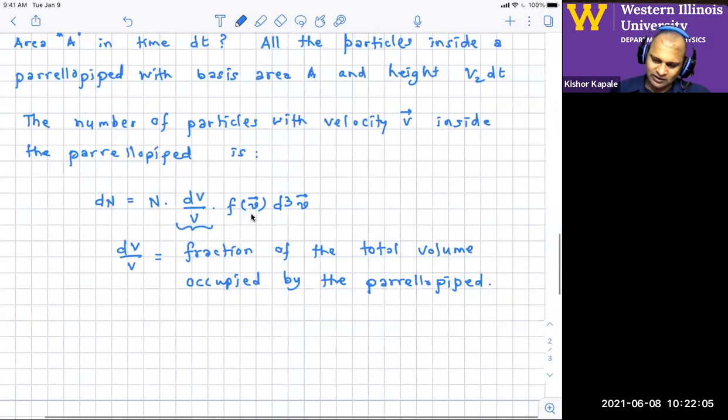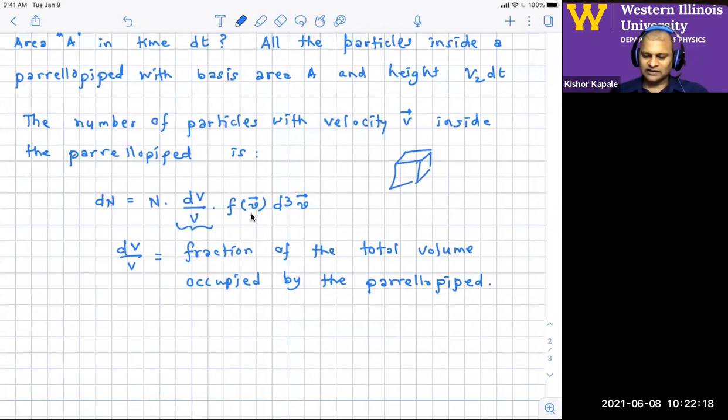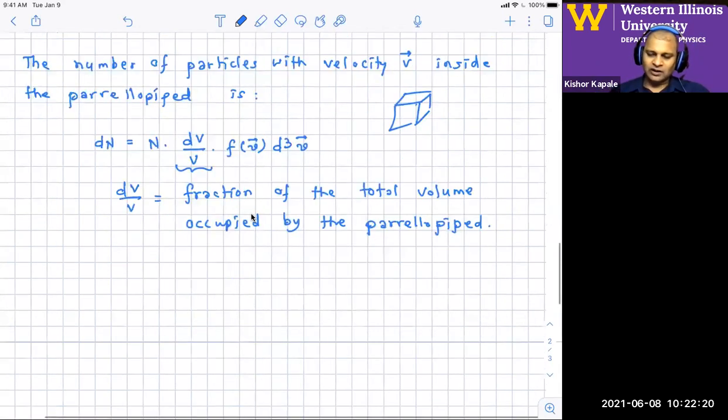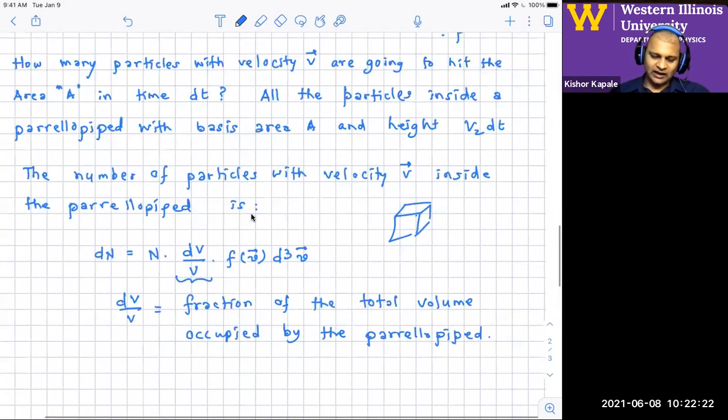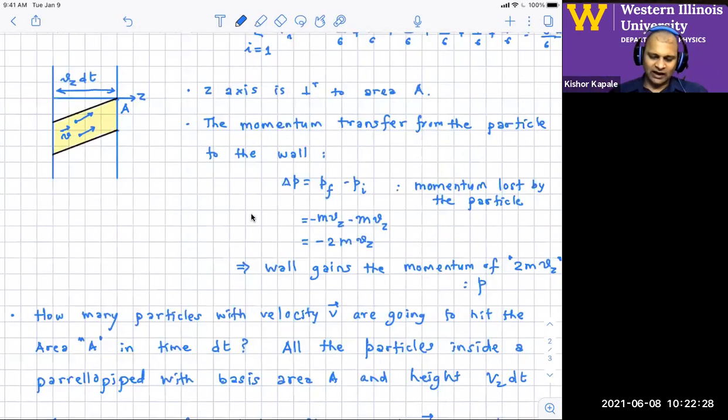It's a three-dimensional structure. I'm drawing it to be just something like that. So it's not square, the sides could be of different sizes. And all of the particles in that volume are going to hit the area. In the projected diagram here, the area looks like a line. It's not, right? It has this other dimension that I haven't shown.